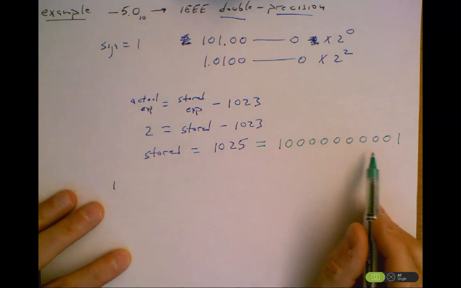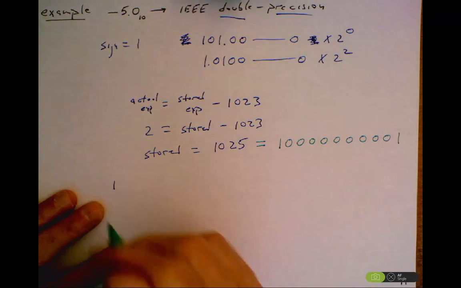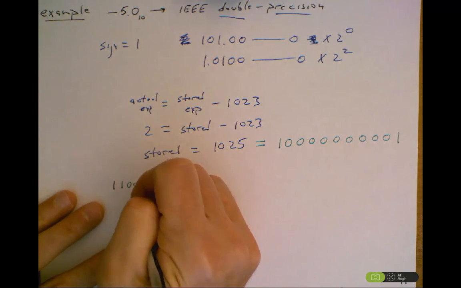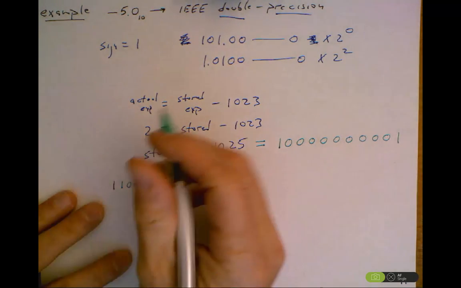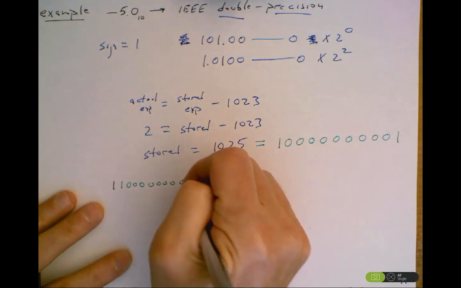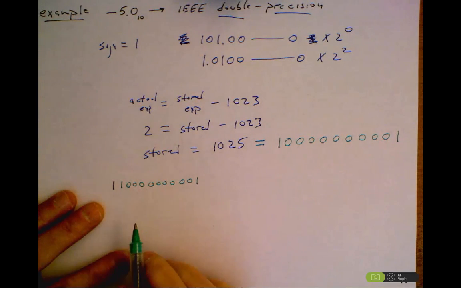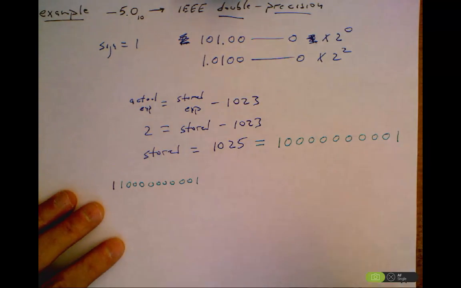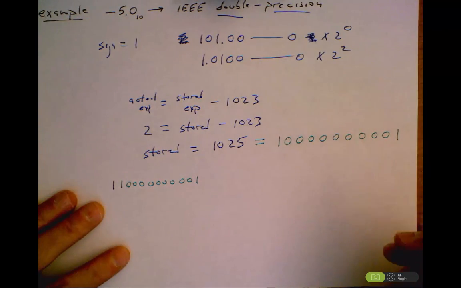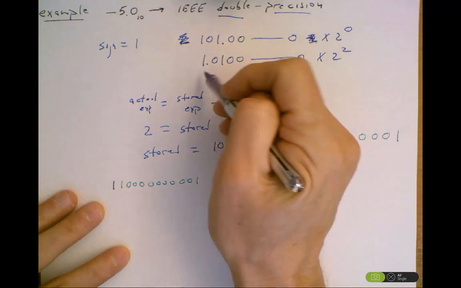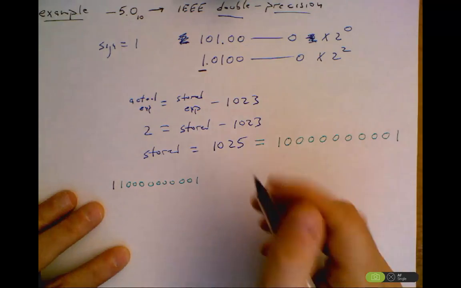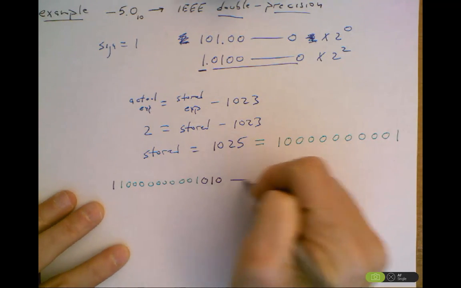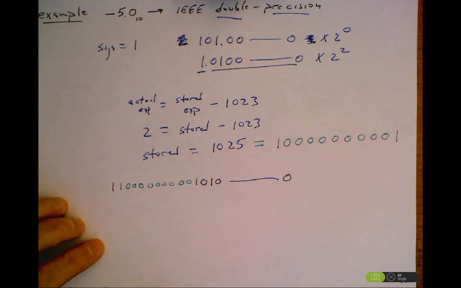That's 11 bits. All right, I've got those exponent bits: 1, 2, 3, 4, 5, 6, 7, 8, 9, 10, 11. And then what's the significand? The significand, again, I don't represent that 1, so I'm just copying in those bits, 0, 1, and then a whole bunch of zeros out to fill up the 64-bit container.